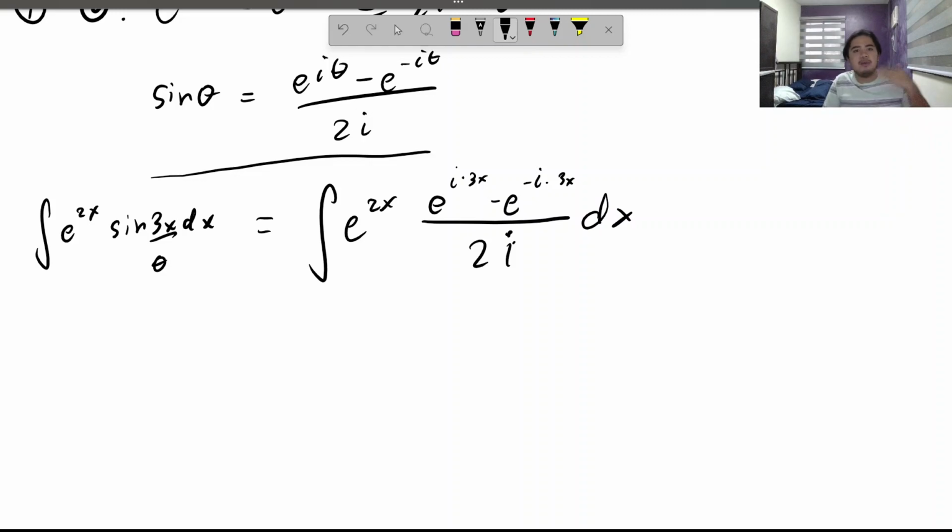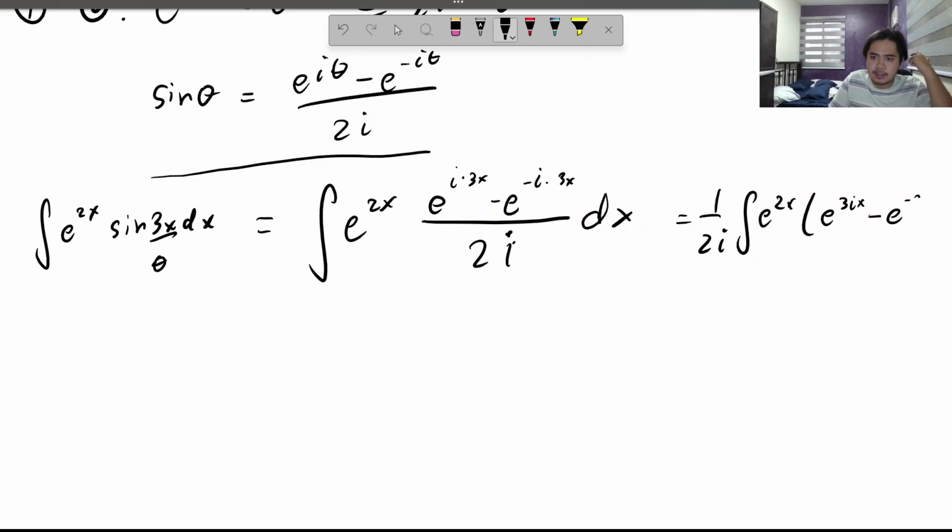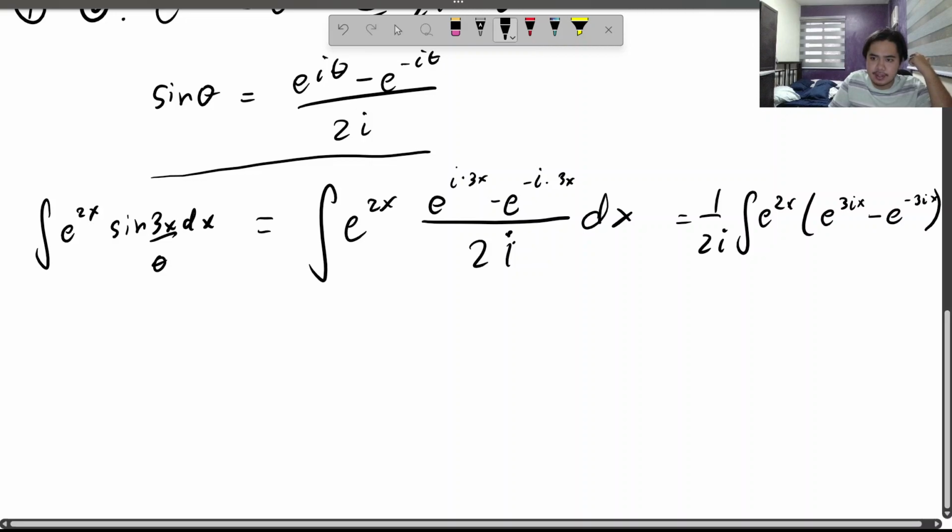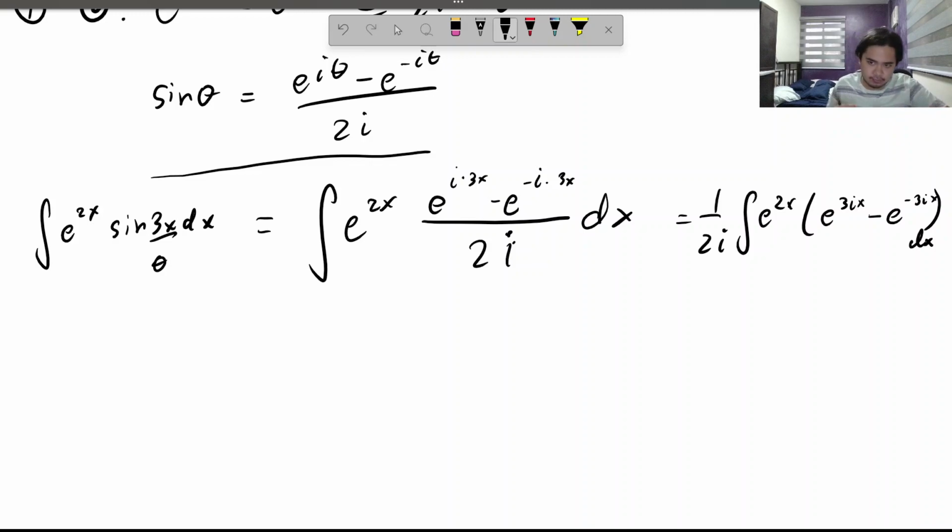2I is imaginary, but it's just a constant, so we can put that to the side. And then e to the 2x multiplied by e to the 3ix minus e to the negative 3ix dx. So, what do we do with this? We'll distribute it.